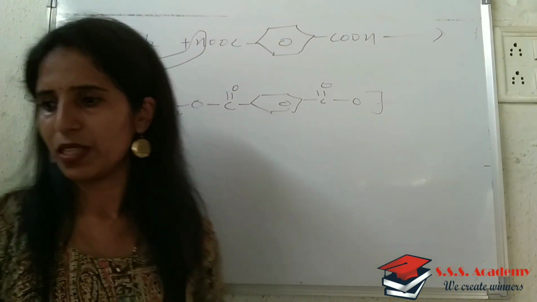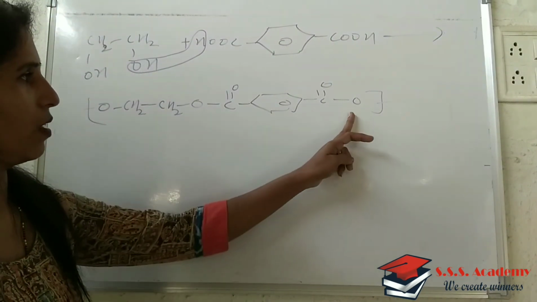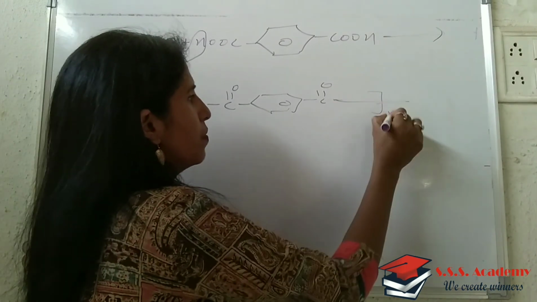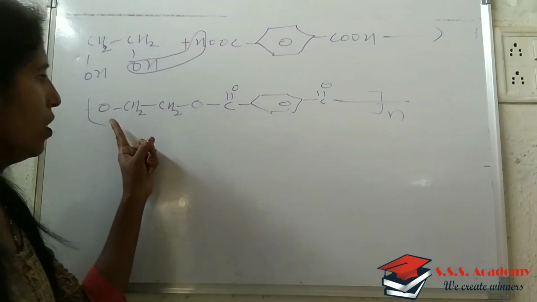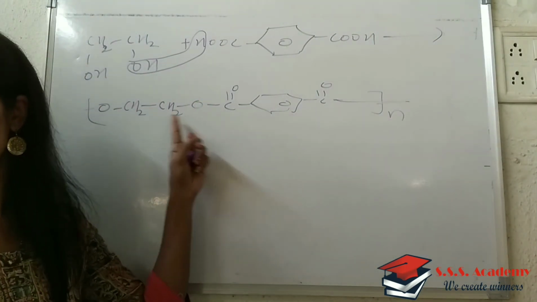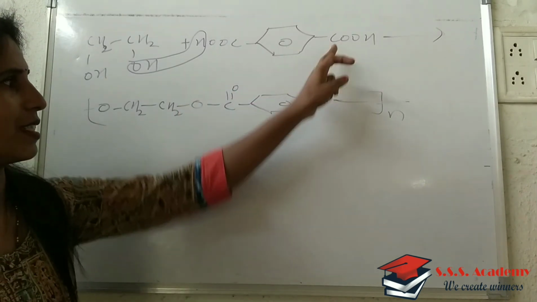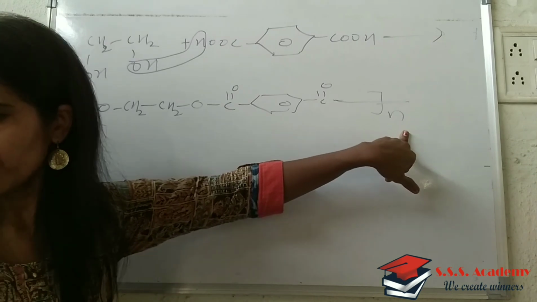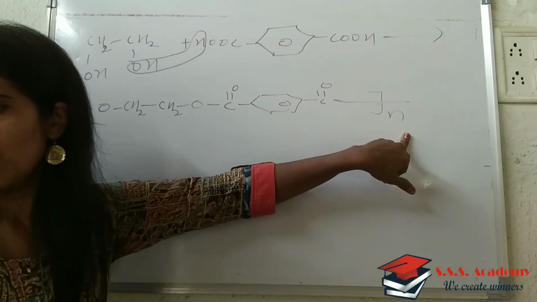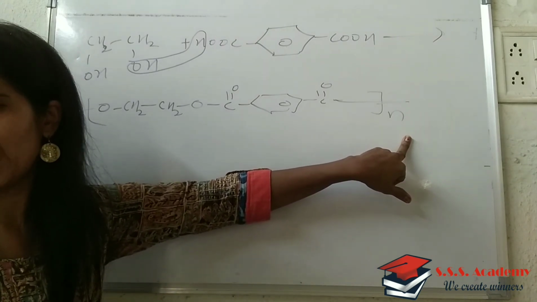That OH will go furthermore. So it's O, then CH2, CH2, C double bond O, that is ester. Then this benzene ring as it is, and this C double bond O. So this is the structure for the polymer. It is used in making paints and lacquers.